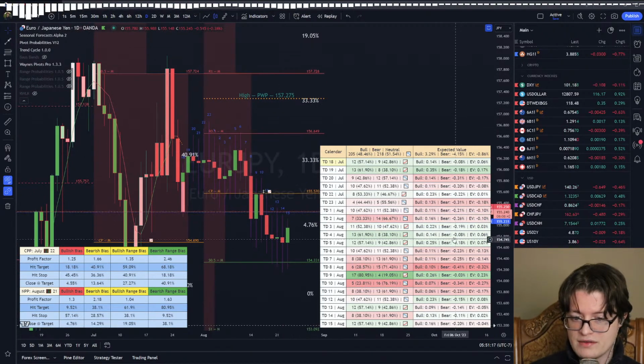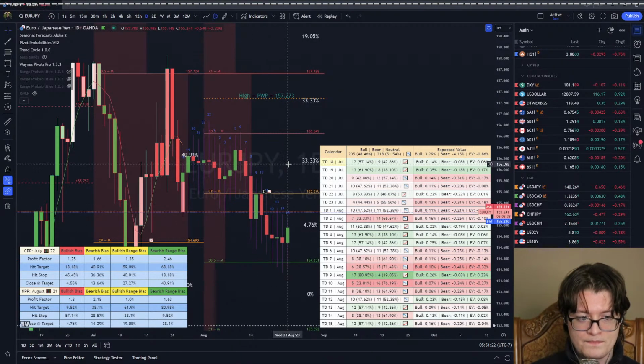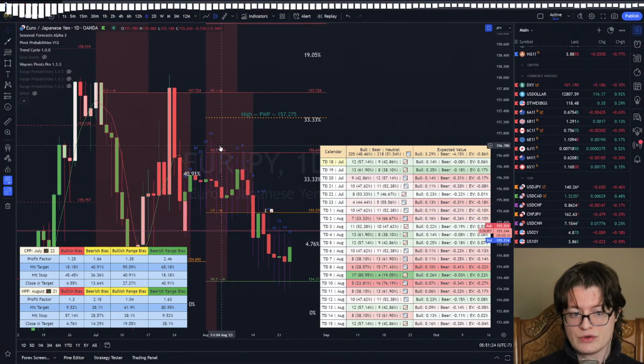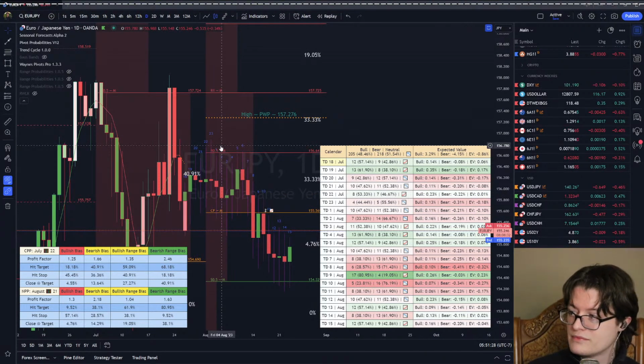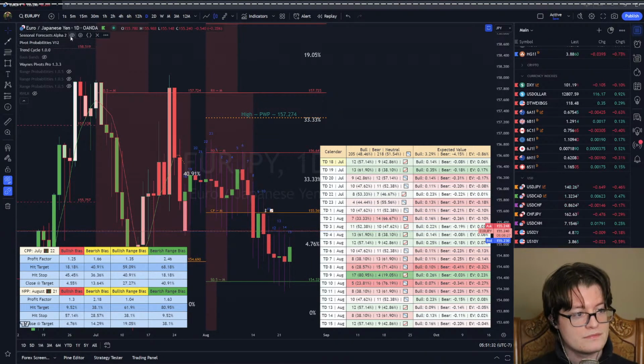But even then, it's just flat seasonal expected value for the whole first week. If there's any sort of up move going into Thursday, Friday, it might be shortable.